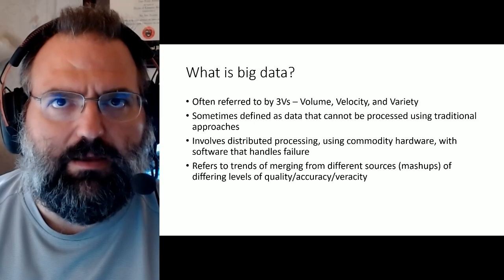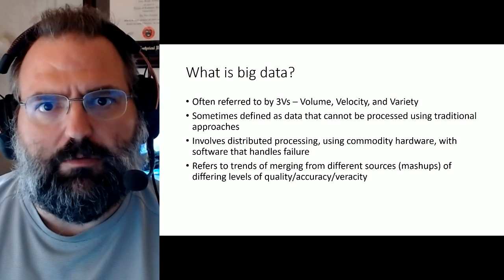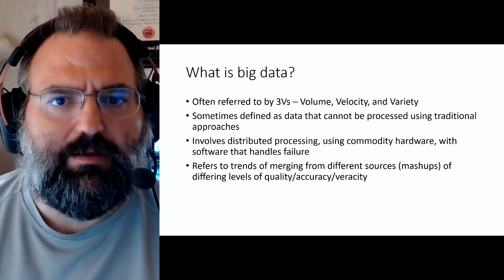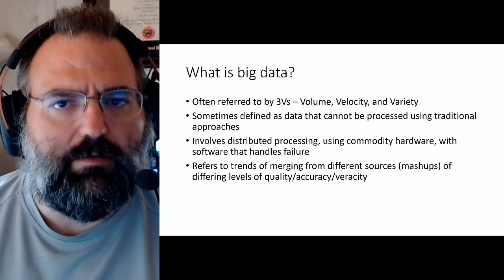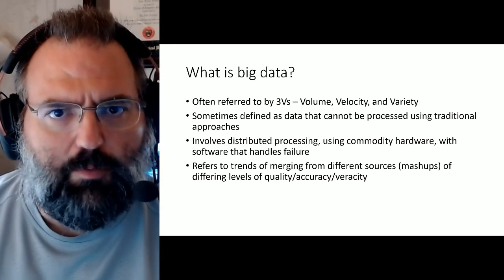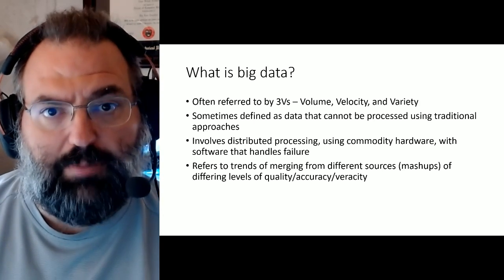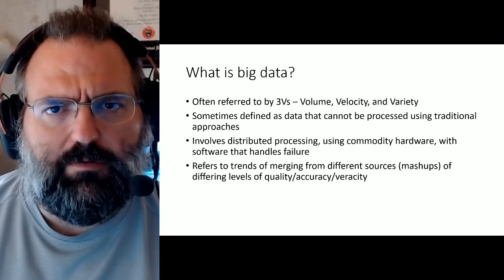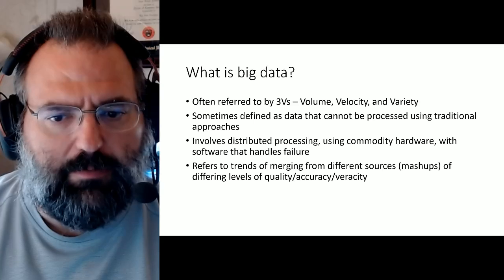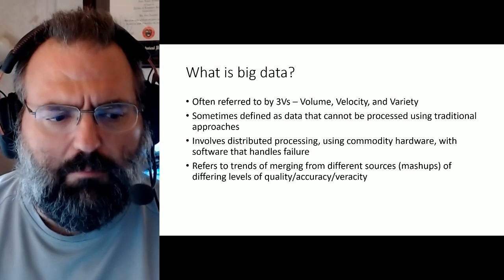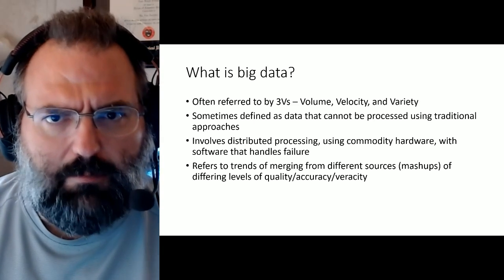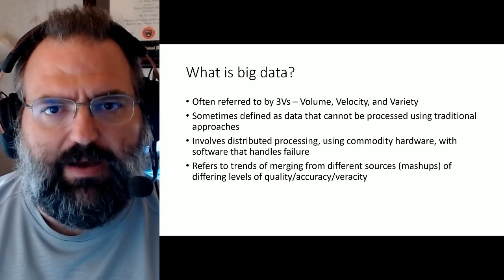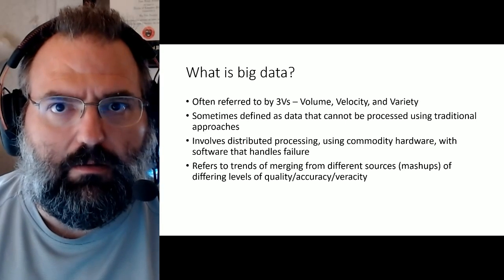It is data that can't be handled the way we used to do it with great big computers. Instead, we use distributed processing on commodity hardware with software that's smart enough to handle failures, and plans for those failures to occur. It also refers to and is linked with the concept of mashups, of pulling data in from lots of different sources, combining it together, and then producing value that is greater than the sum of the parts.